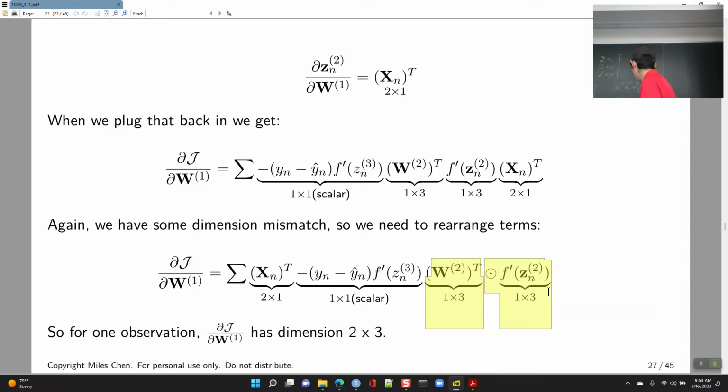Now I get one term. This is just a scalar value here. The second value times F prime of this, and so on.